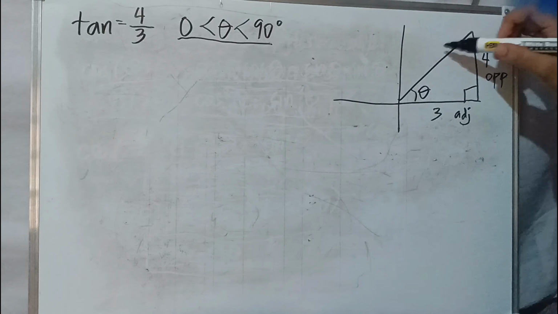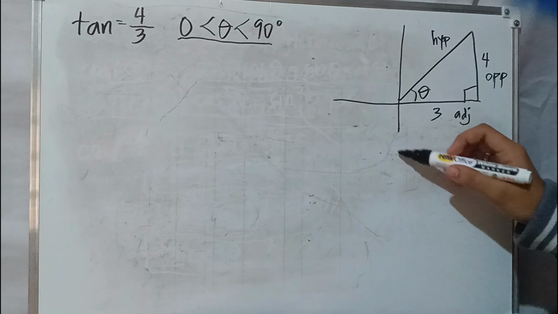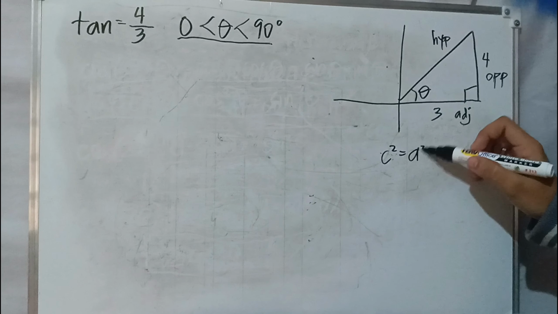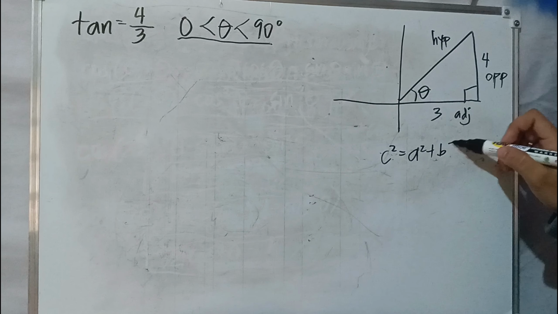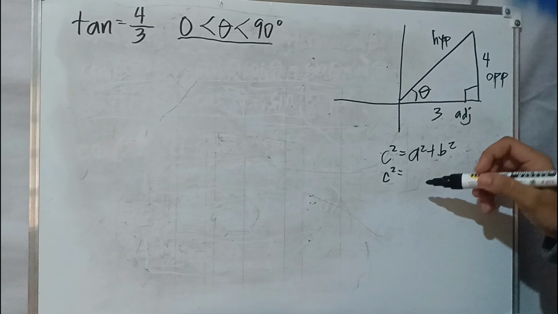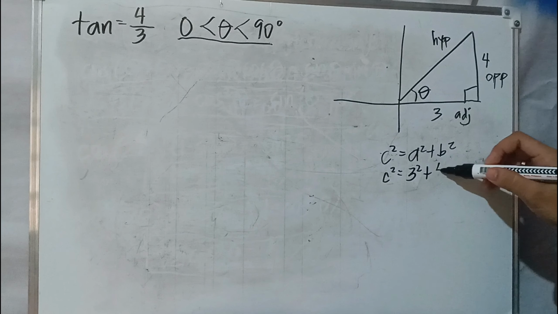And now, we have to find the hypotenuse. Using the Pythagorean theorem, c squared is equal to a squared plus b squared. So, c squared is equal to 3 squared plus 4 squared.